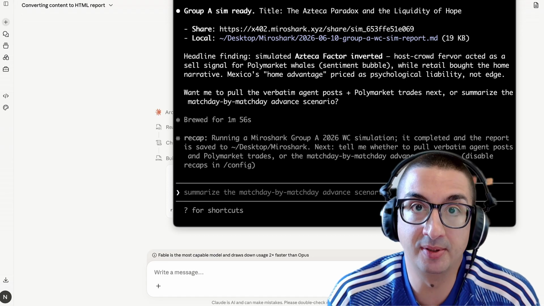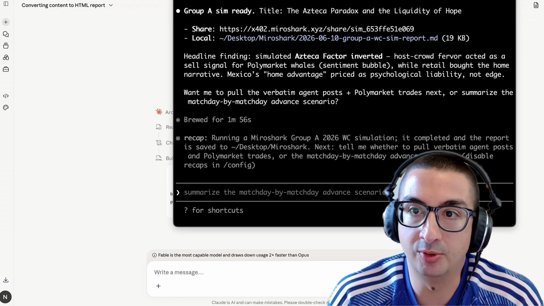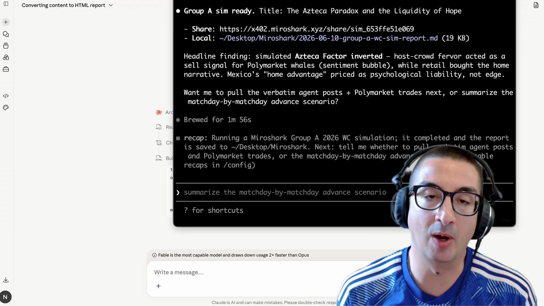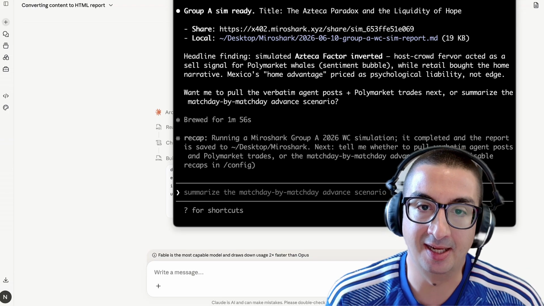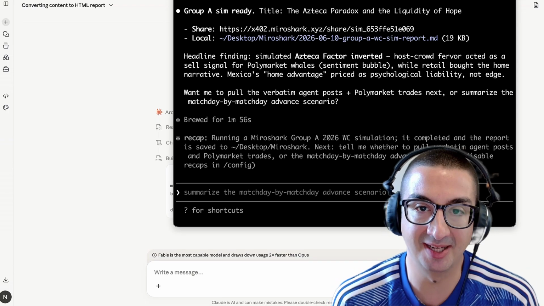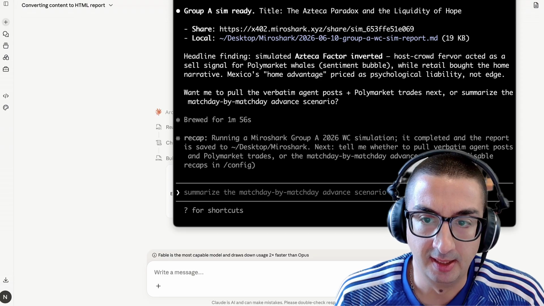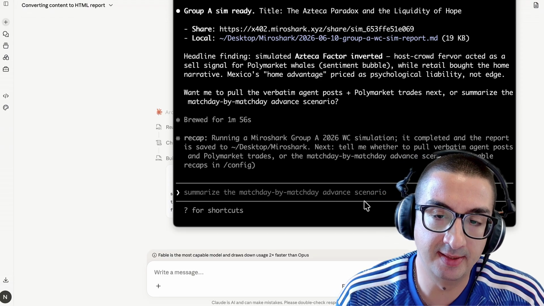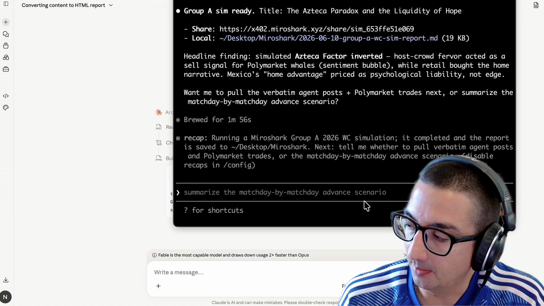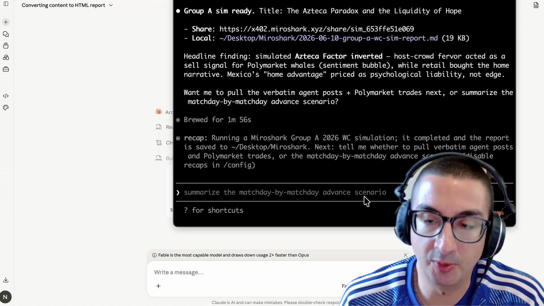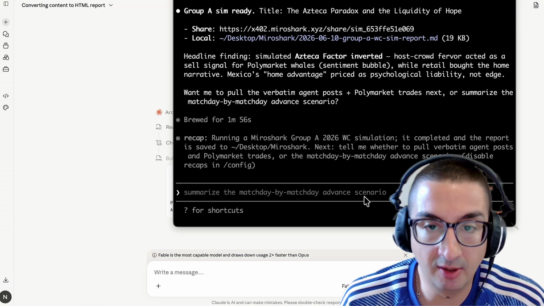Our report is ready, and we are going to turn this file into an HTML file so that we can read it in a better way, with a better UX. Just hold on some more minutes. In the meanwhile, we can also run another simulation about the possible results between Mexico and South Africa.